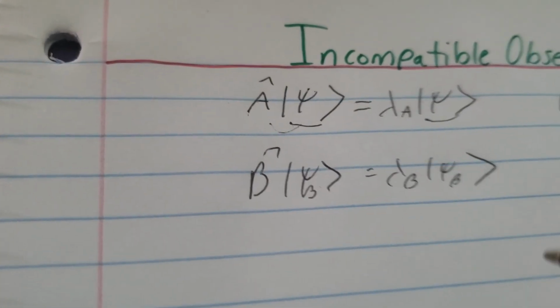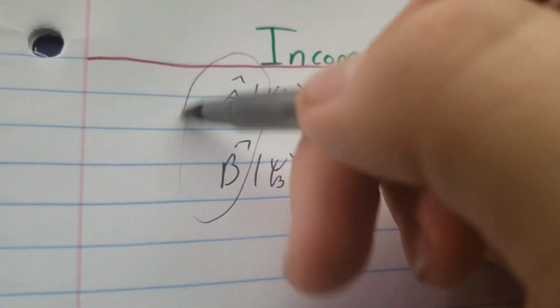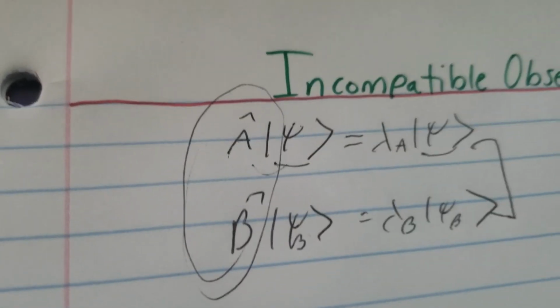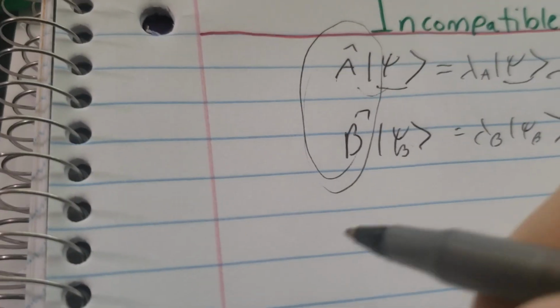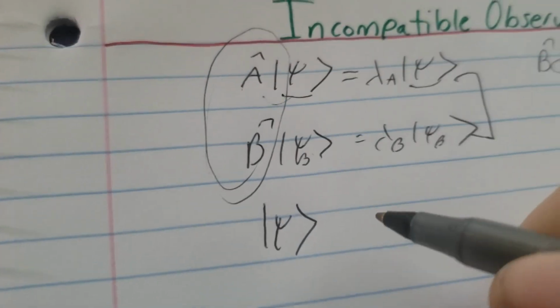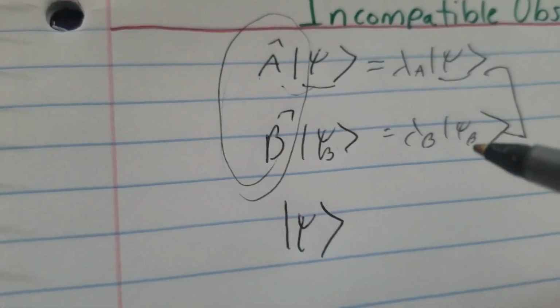Well, if you want a state which has both definite number values of A hat and B hat, then our subsets must overlap with one another, which means that there must be some states psi such that they are eigenstates of both A hat and B hat.